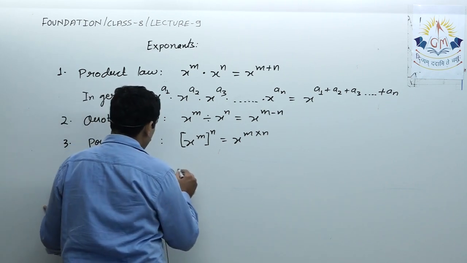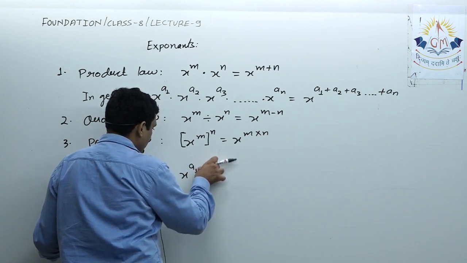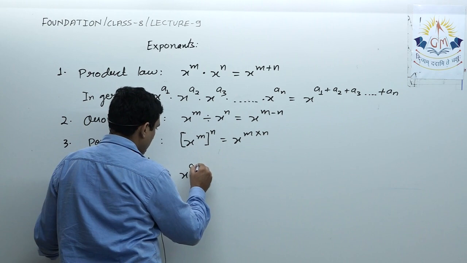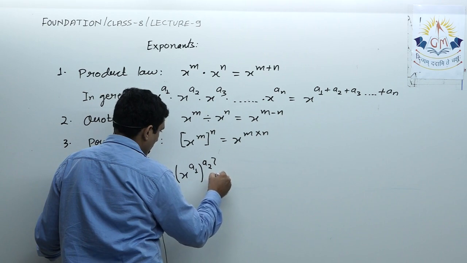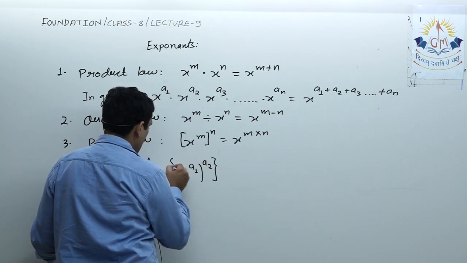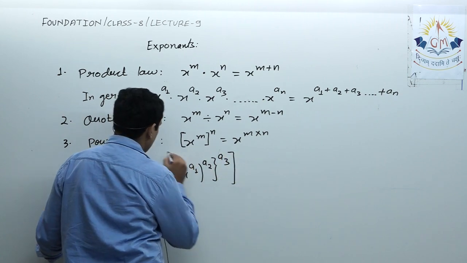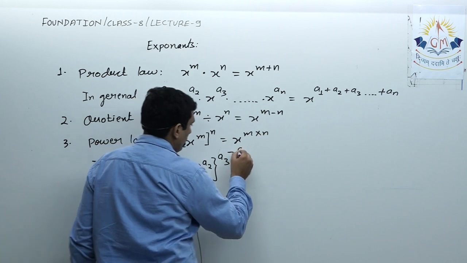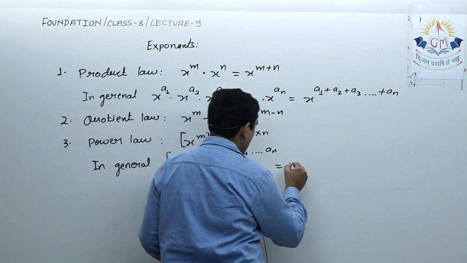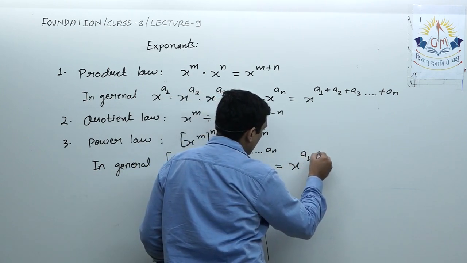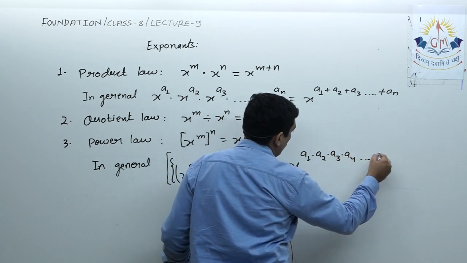in general if I have x raised to a1, raised to a2, raised to a3, raised to a4 and up to an, then it can be written as x raised to a1 into a2 into a3 into a4 up to an.